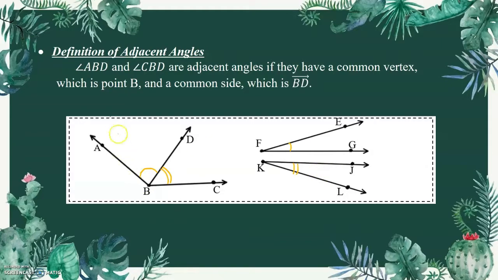So let's write it down. Angle ABD and angle CBD share a common vertex, which is point B, and also share a common side, which is ray BD. So meaning to say, angle ABD and angle CBD are adjacent angles.